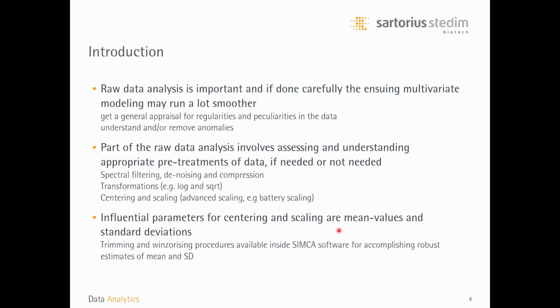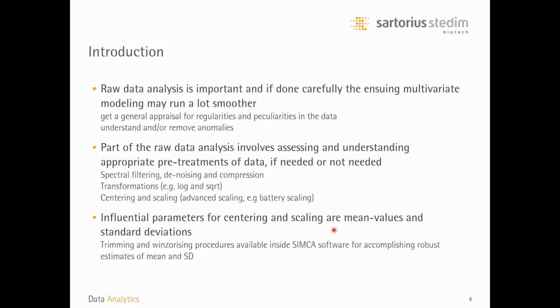Regarding centering and scaling, there are a couple of influential parameters which will have a great impact on the outcome of the pre-processing. Here I'm thinking of mean values and standard deviations of the variables relating to the columns of the data table.